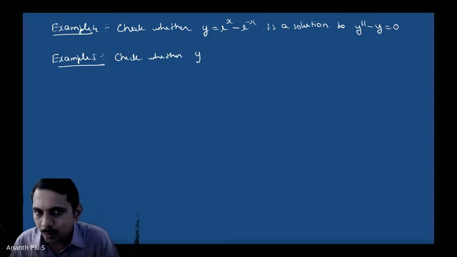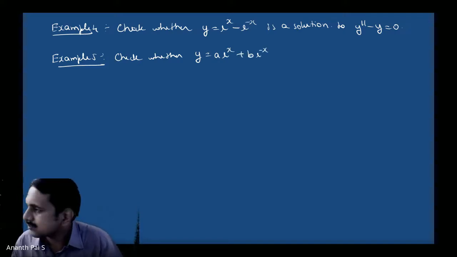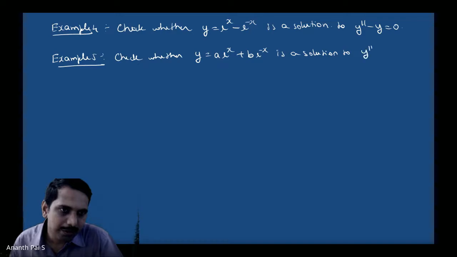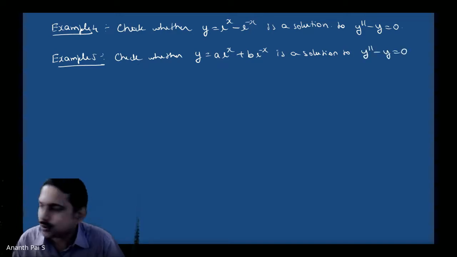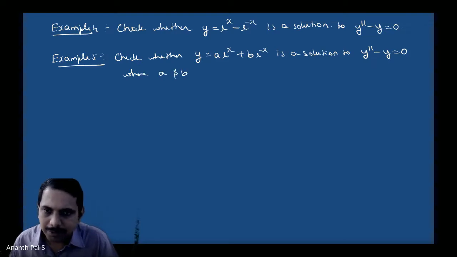Next, check whether y is equal to a e power x plus b e power minus x is a solution to y double dash minus y is equal to 0, where a and b are real numbers.